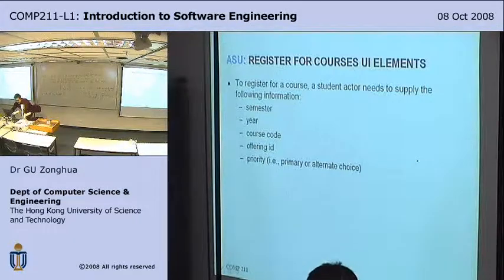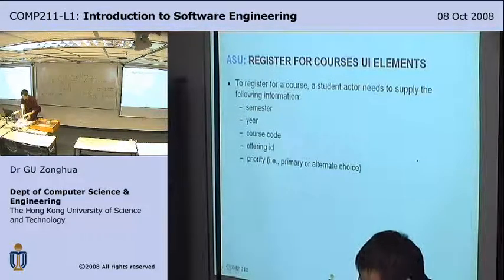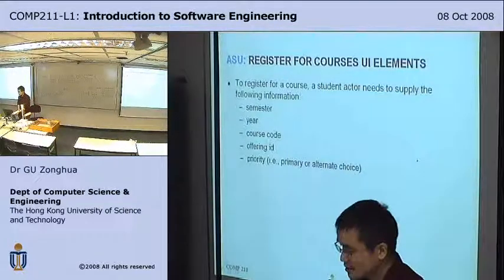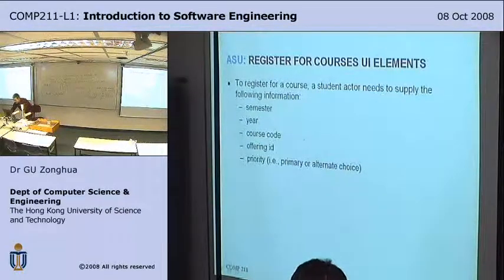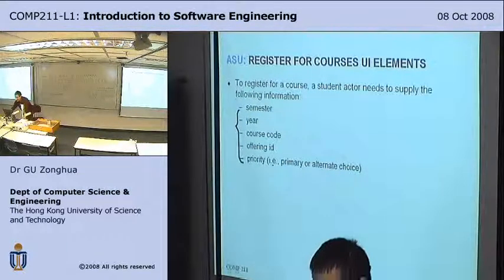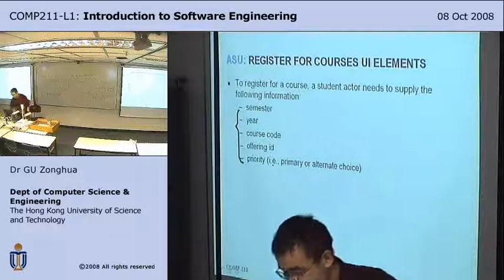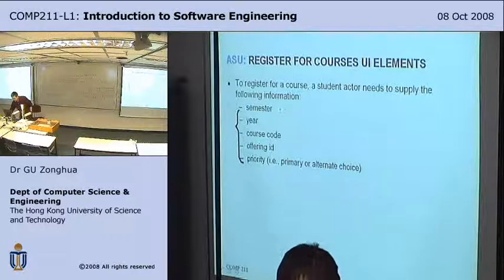So register for courses. UI elements include to register the following information: semester, year, course code, offering ID, and priority as primary or alternative choices. So these should form the UI elements.